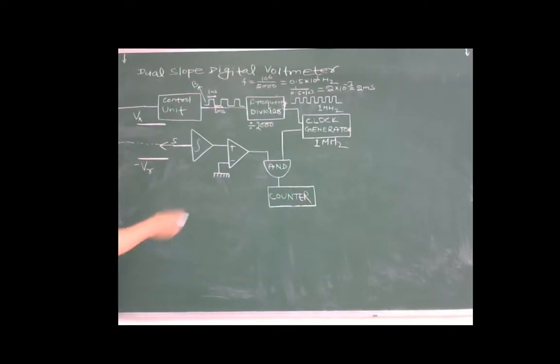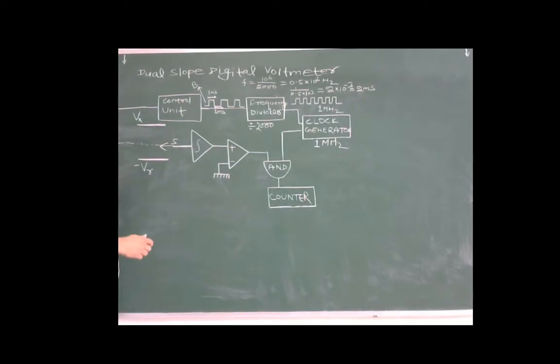So for 1 millisecond, this switch will be connected to Vx, and for the other 1 millisecond, this switch will be connected to minus Vr.